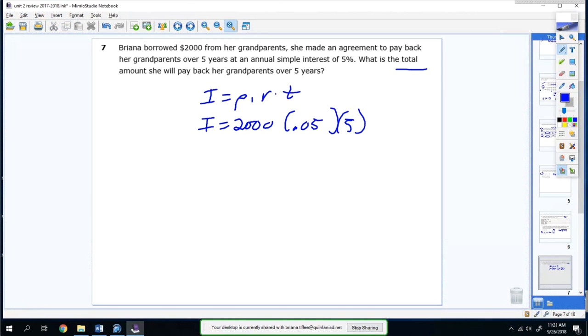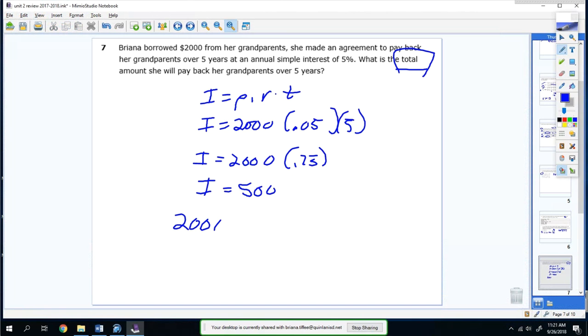T is 5. 0.05 times 5 is 0.25. And then 2,000 times 0.25 is 500. So the interest would be 500, but it's asking for the total amount. So you would take what she borrowed and add the interest to it to figure out the total amount. So she would have to pay back $2,500.